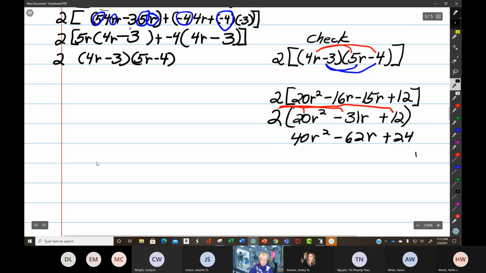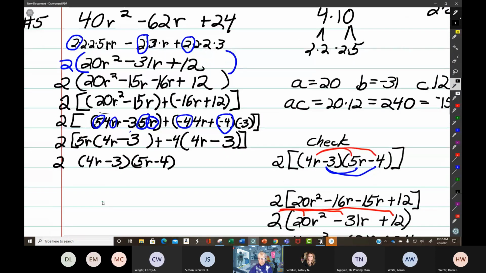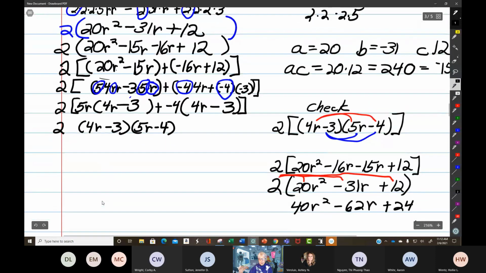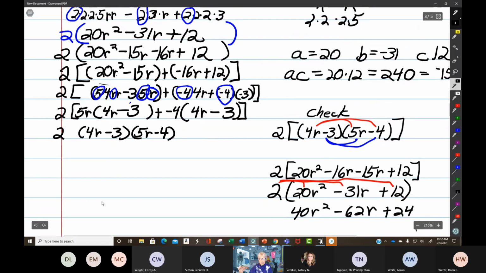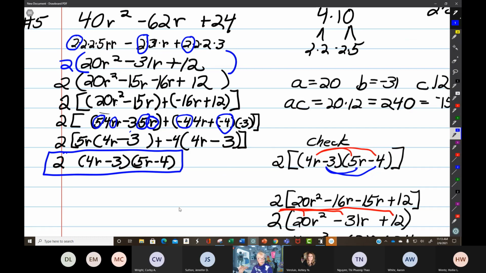And I'm going to look up here and see if that is what I started with, 40R squared minus 62R plus 24. Yes, so that means that this is what I'm going to write in the answer box.